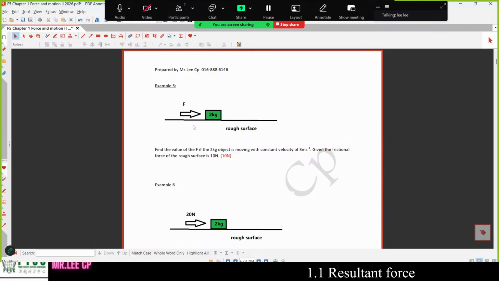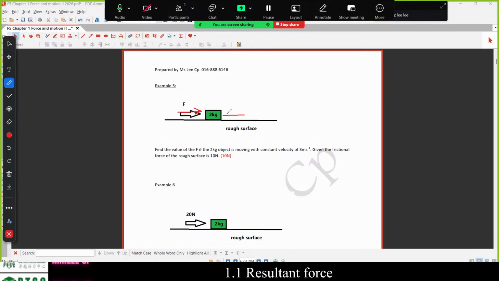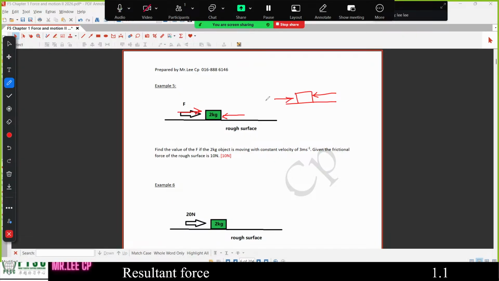Meaning that if your force is from here, your friction will be here. This is your friction. If the object is here and a force is applied to here, this one will be your frictional force.